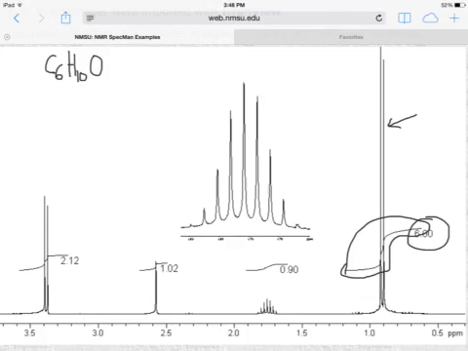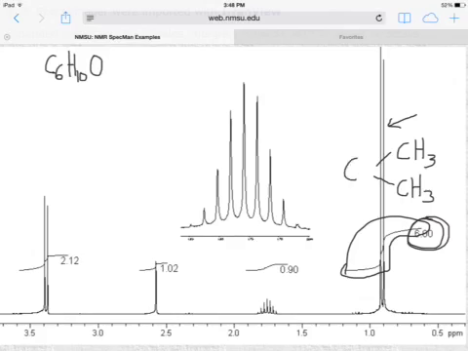But anyway, the fact that there are 6 hydrogens responsible for this signal indicates to me that there are 2 symmetrical methyl groups that are giving this signal. So let's assume that they're bonded to the same thing.